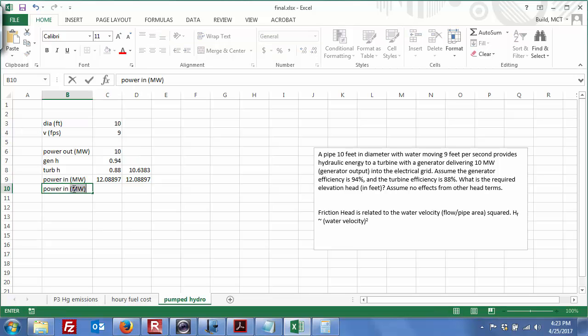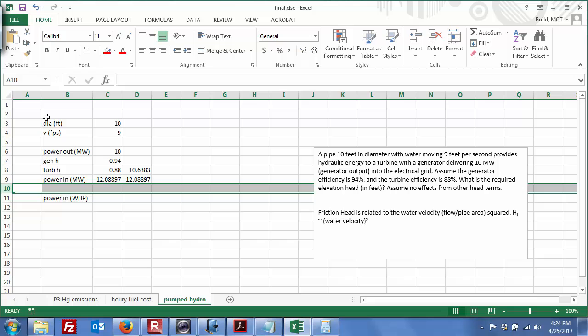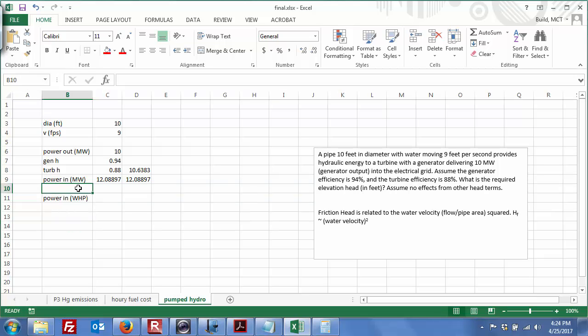Power in, water horsepower. So what's 749 watts? Let's just do it the long way. Kilowatts equals that times 1,000.